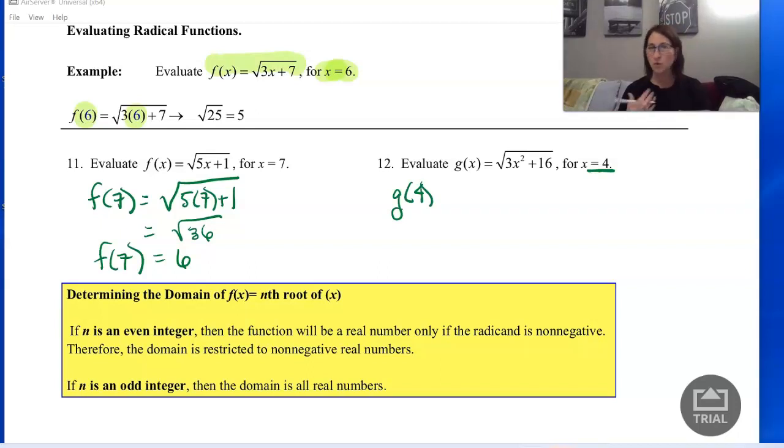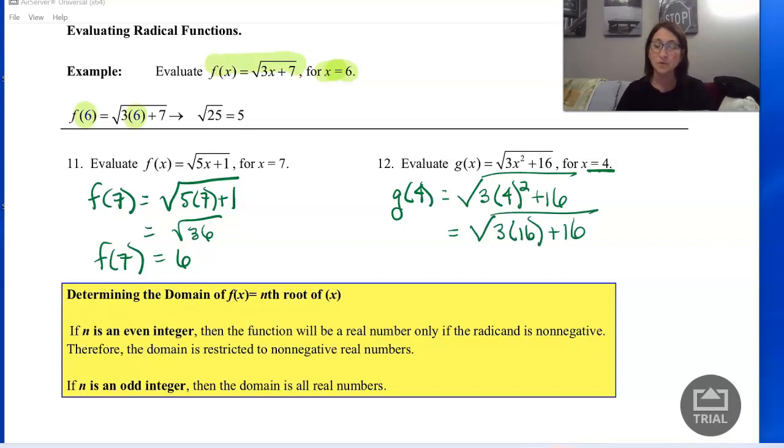What I want to know is what is G of 4, or what is y? Okay, so that's going to be the square root of 3 times 4 squared plus 16. So that's going to be the square root of 3 times 16 plus 16. Oof. Well, 3 times 16 is 48, plus another 16 is going to take us up to 64. So that'll be the square root of 64, which is 8. There we go. All right.